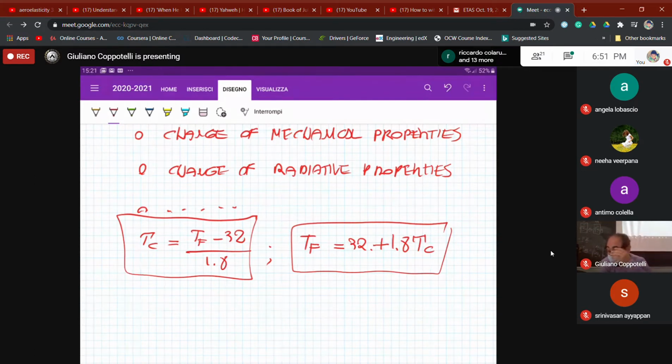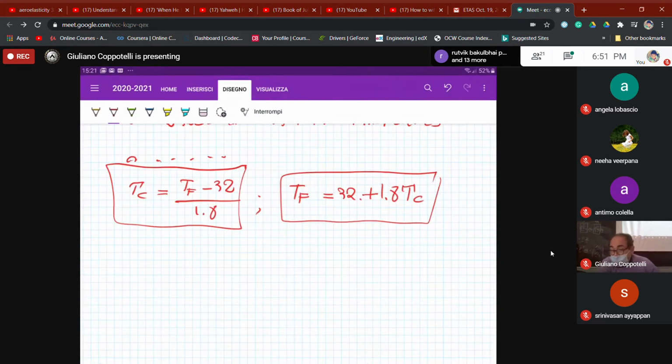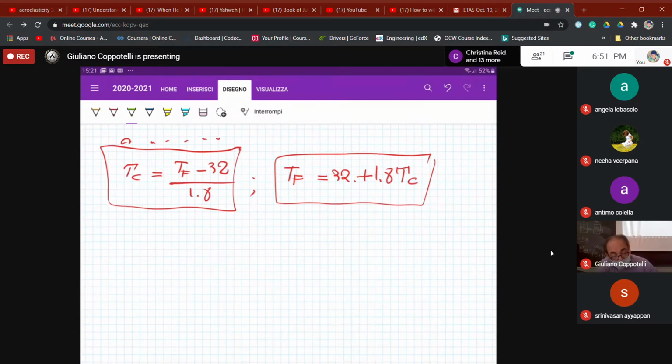Okay, so the bimetal thermometer, but the strain is another way. That's the physical dimensions. So let's say bimetal thermometer.